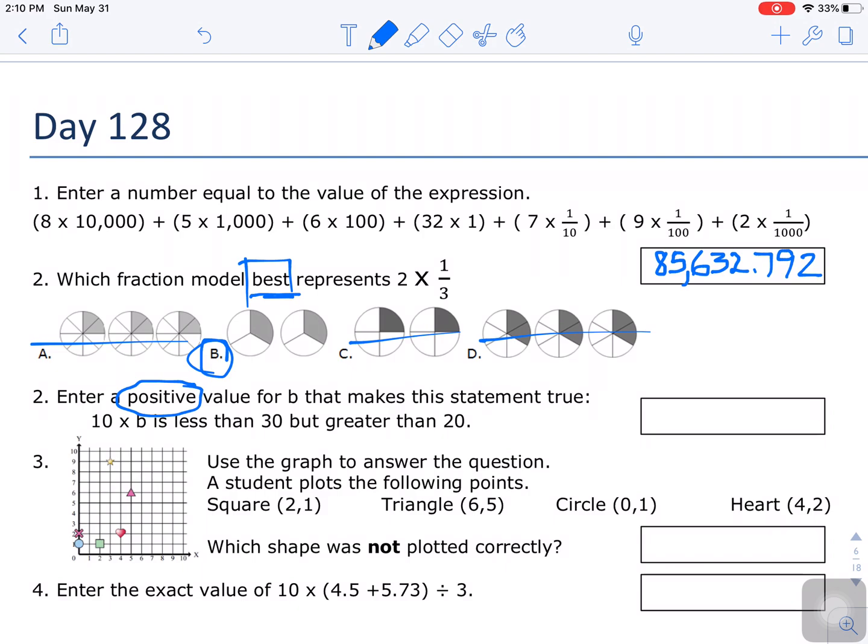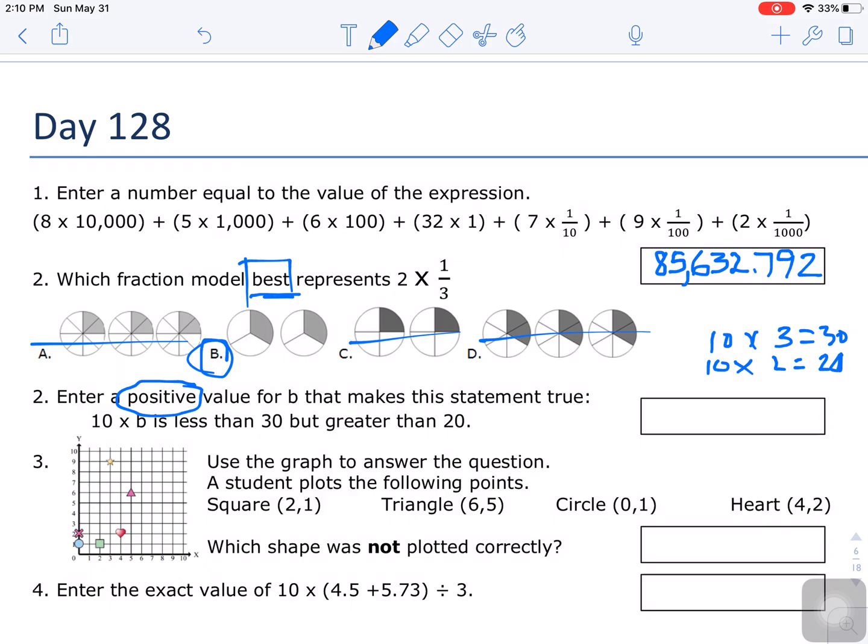So 10 times what number is less than 30 but greater than 20? Well, I know that 10 times 3 is 30. 10 times 2 is 20. You guys know that too.